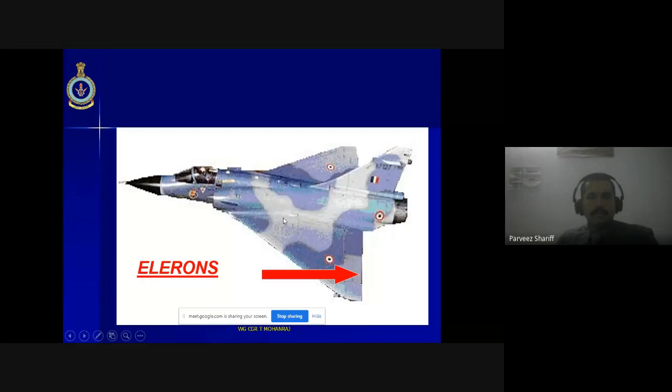So we can see in this Tejas aircraft, in the Tejas aircraft we don't have a separate stabilizer. So we have ailerons plus elevators, which work as ailerons as well as elevators.